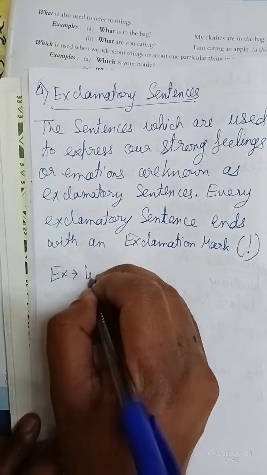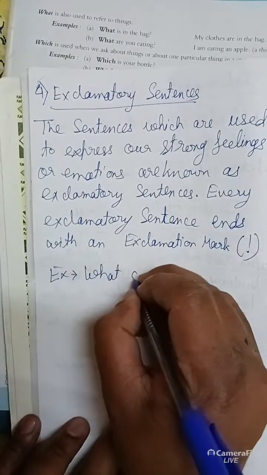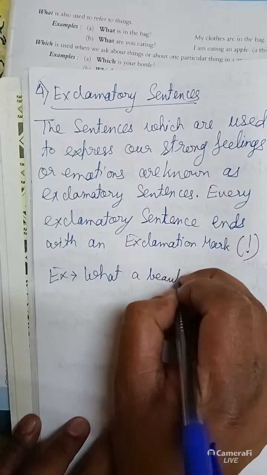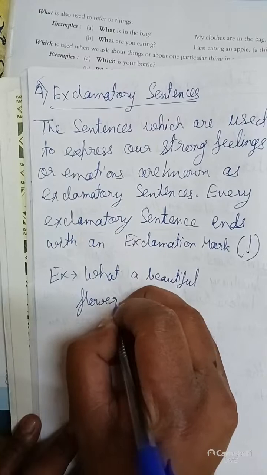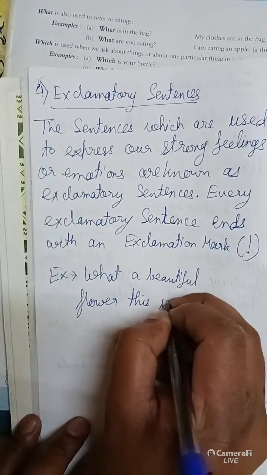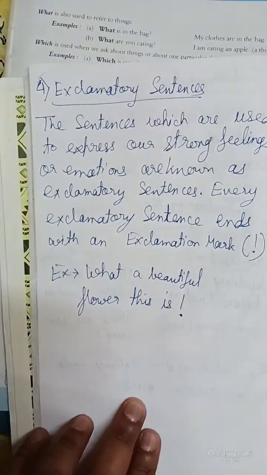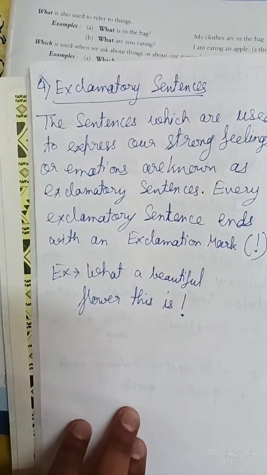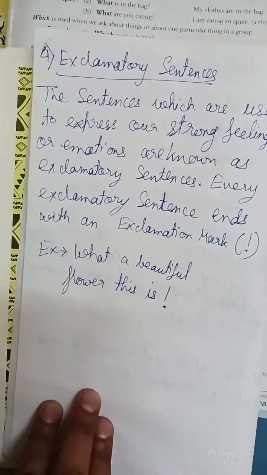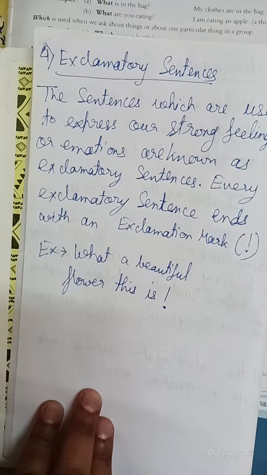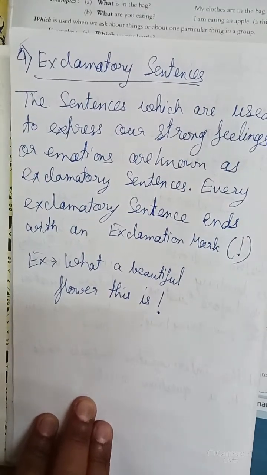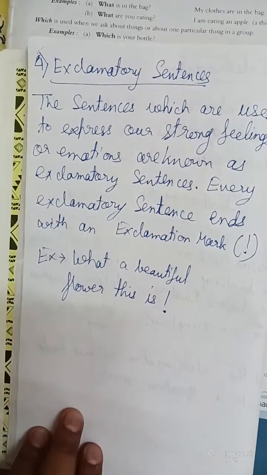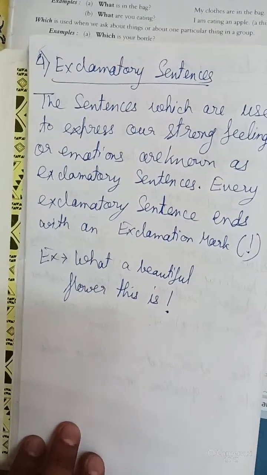Example: "What a beautiful flower this is!" I am using an exclamation mark at the end. So this is an exclamatory sentence which uses an exclamation mark, and I am expressing my strong feelings about the beauty of the flower. So this is how exclamatory sentences are.